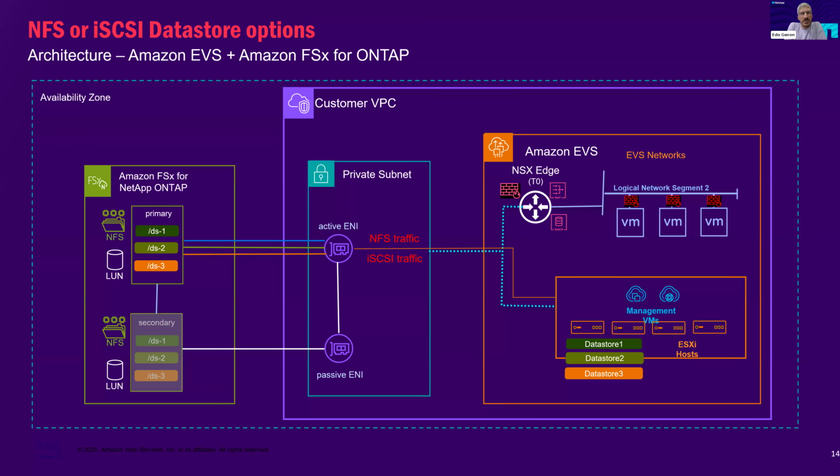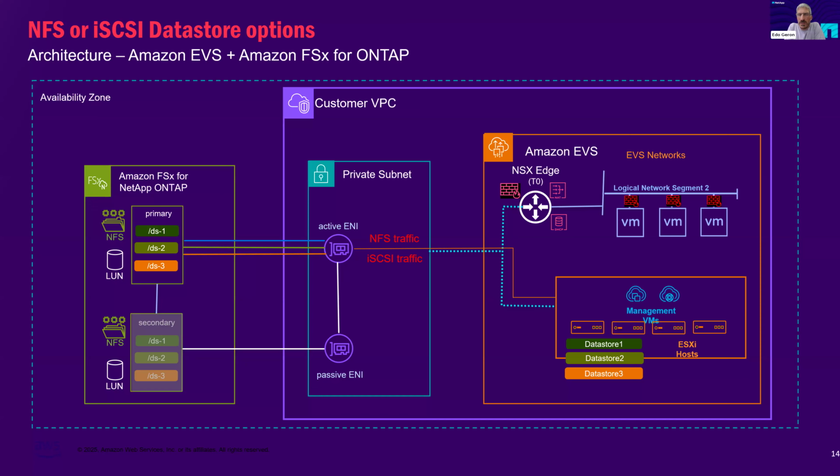Yeah, so quickly, touching on a very important element. I briefly mentioned that EVS is actually deployed within the customer's native AWS environment and within a customer VPC. This is again a fundamental difference from solutions like VMware Cloud on AWS or other hyperscaler solutions, which use a dedicated operating environment, aka shadow VPC.